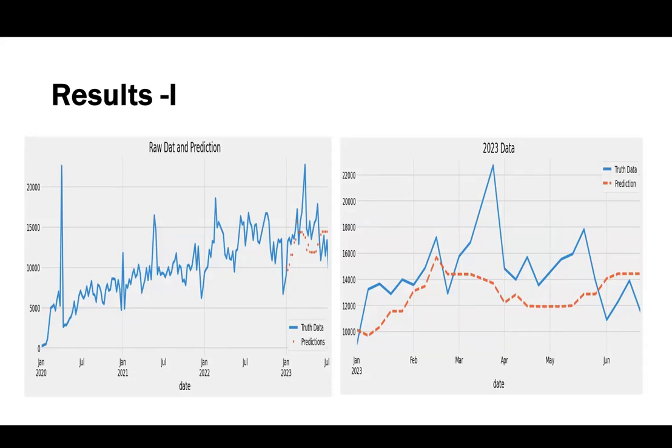The picture comes out clearly on this other graph, the one that has 2023 data. The red dotted lines represent what our model is predicting, and the blue is what was actually reported in real-time TB cases.